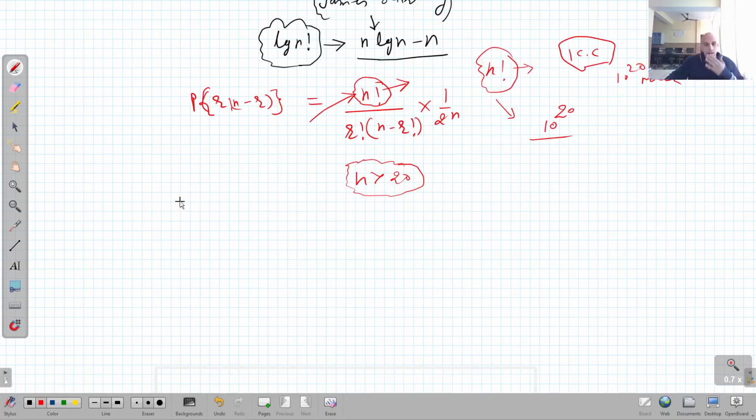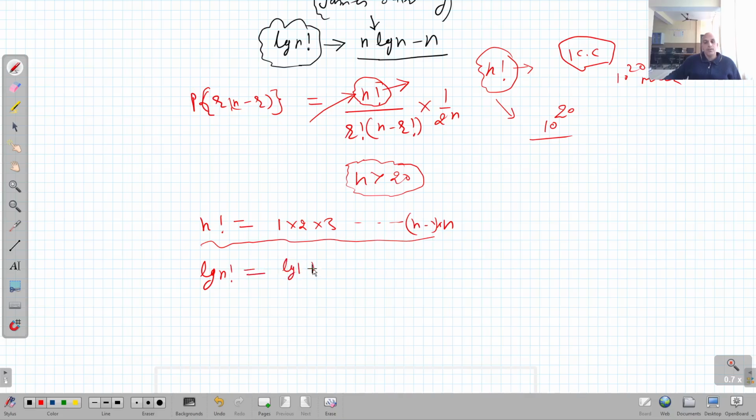I can write n factorial is equal to 1 into 2 into 3, and so on, up to n minus 1 into n. So this is the value of n factorial. Let's take a log on both sides, log of n factorial. Then obviously it becomes log of 1 plus log of 2 plus log of 3, and so on, log of n minus 1 plus log of n.